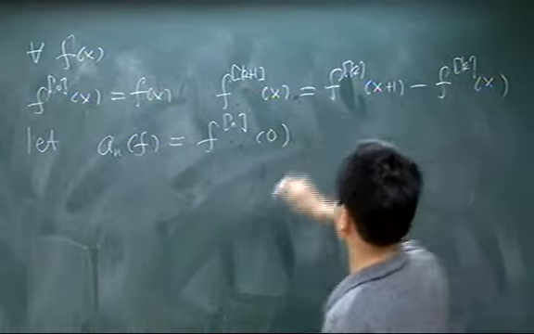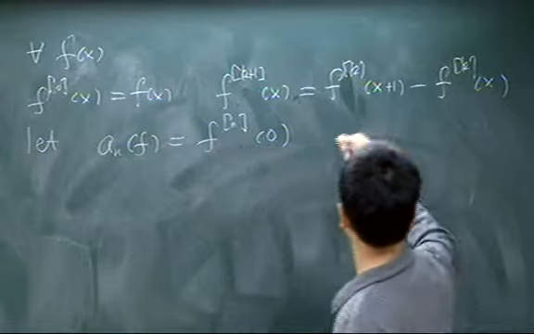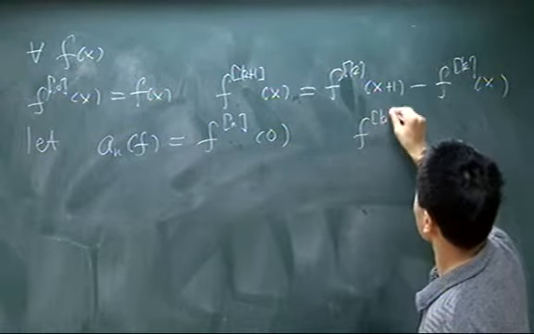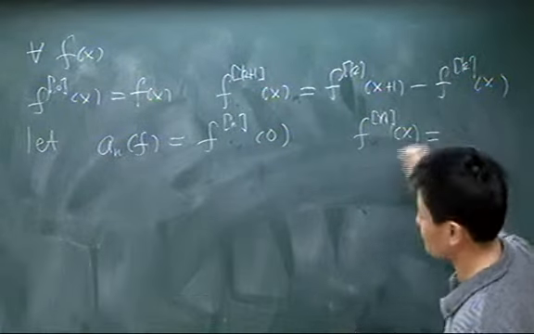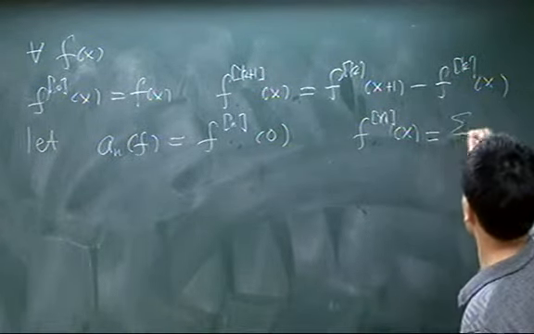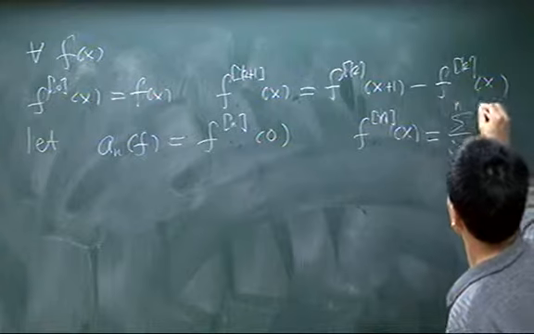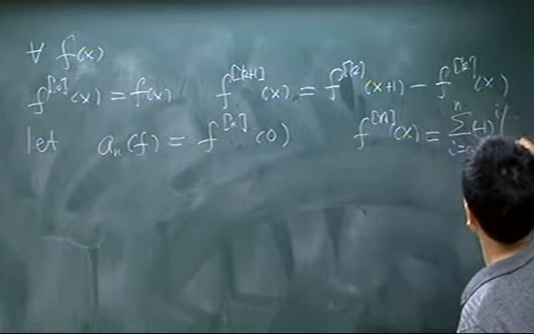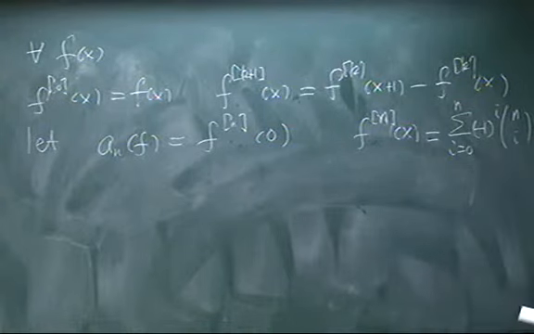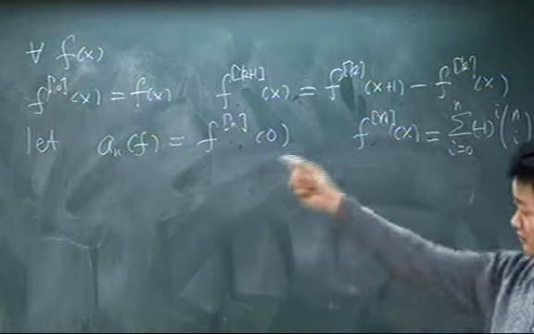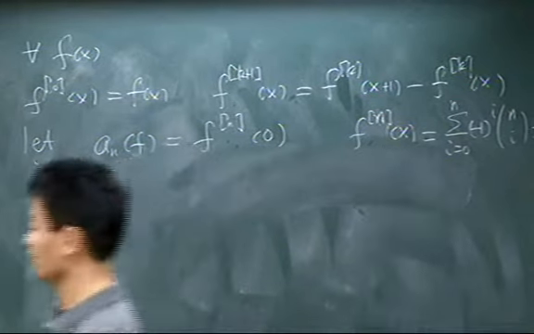Because of the iteration, f_n(x) is the sum over i of (-1) to the power n minus i, n choose i, f(x plus i). Okay, so this is the definition.